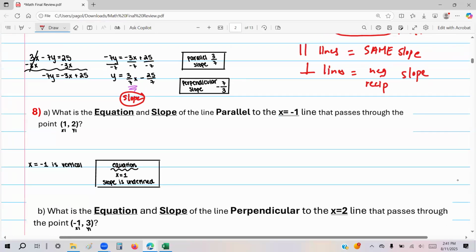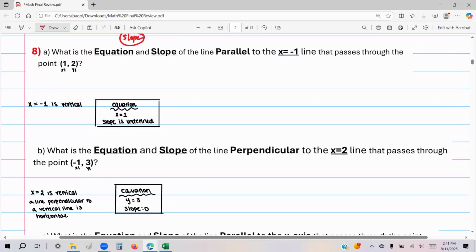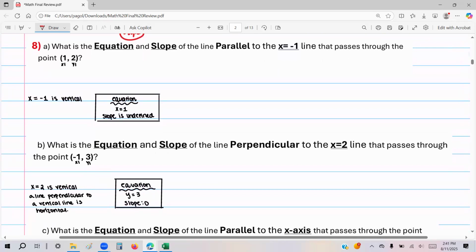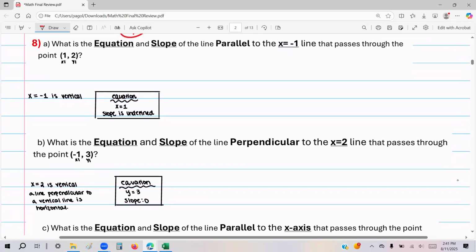Now next, 8 questions or 6 questions. One of them will be on the final. Which one? I don't know. So I give you all 6 scenarios. The first one says, what's the equation and the slope of the line parallel to x equals -1?